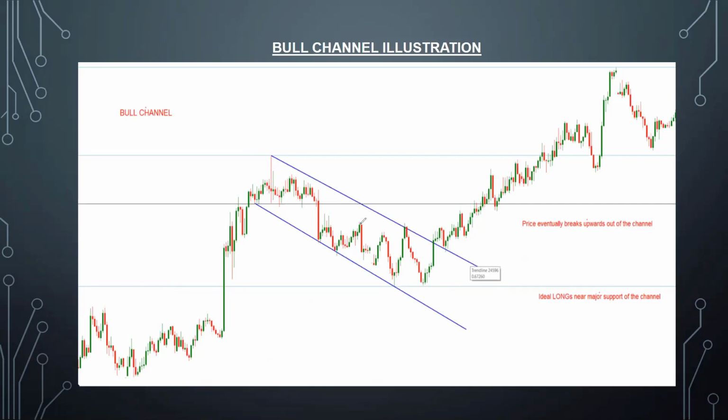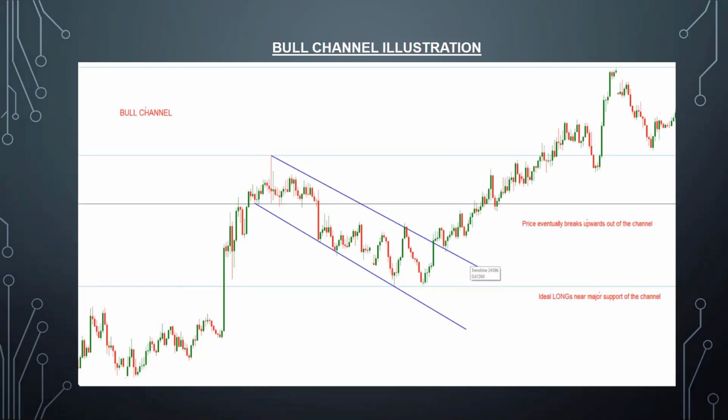Like here, price terminated at a strong demand area. Price was shooting to the upside, price terminated, then it shot to the upside. So they are very powerful patterns in the market, and we are going to be using these mostly.